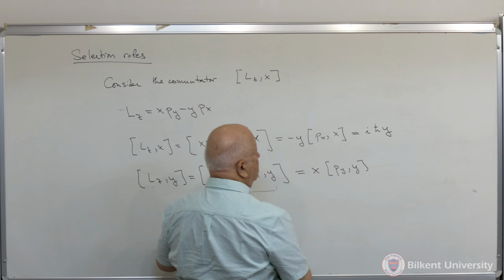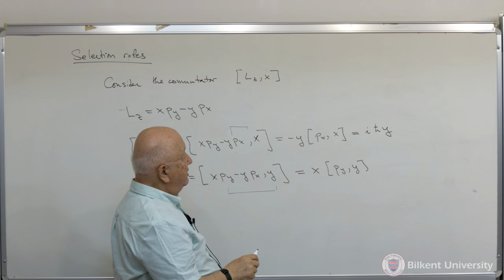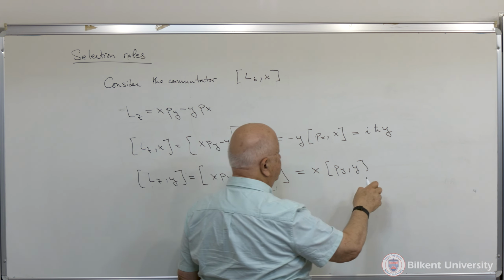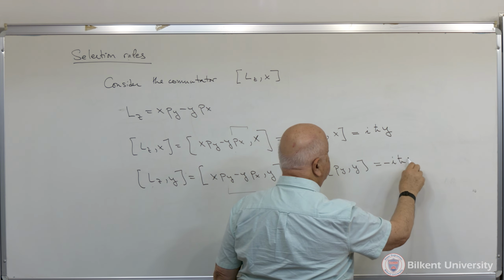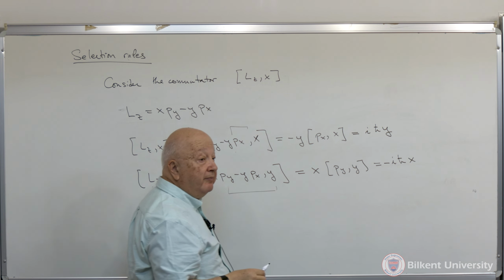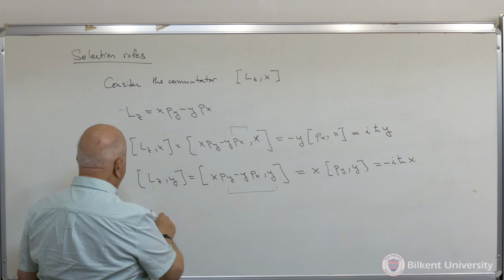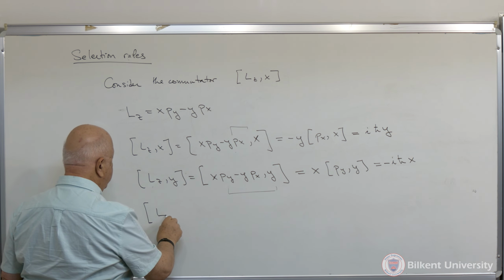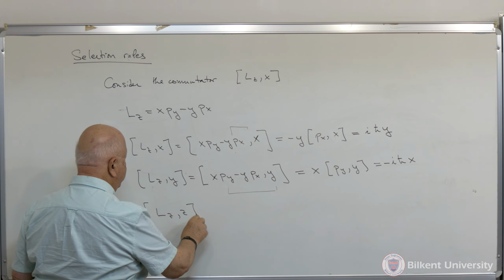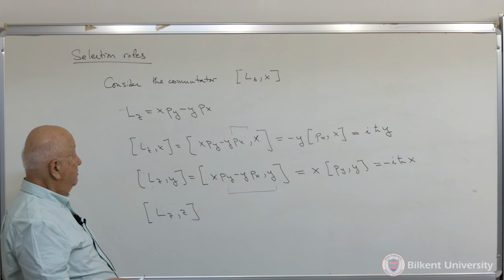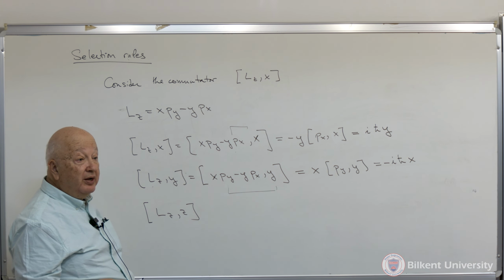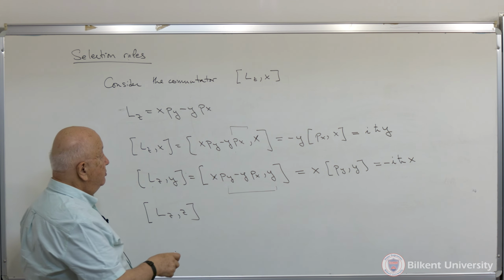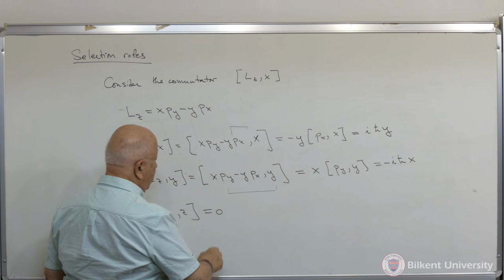Again, it's minus i h bar, but there is no minus sign to save us this time, so it's minus i h bar x. Finally, what is Lz with z? Zero, because there are no pys in Lz, so this is just going to give me 0.